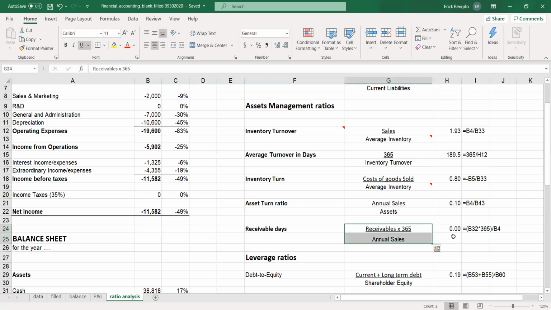If you are a small guy, this number is going to be very big. For example, if you want to sell to Costco, Costco is going to pay you in 90 days and sometimes in 120 days. But if you start building up your reputation and your products really sell, they can decrease from 120 days to 30, and sometimes they can pay you in 2 weeks. So that's the measure here.